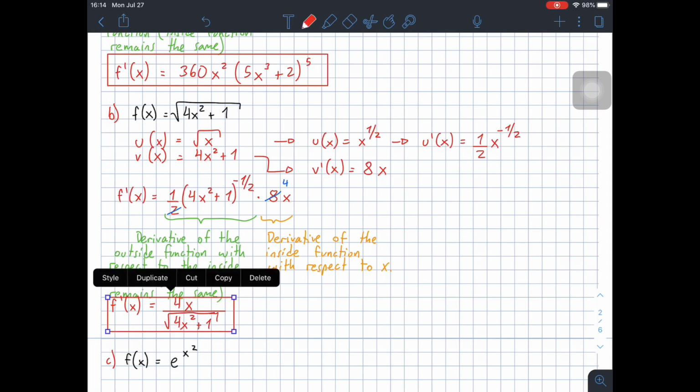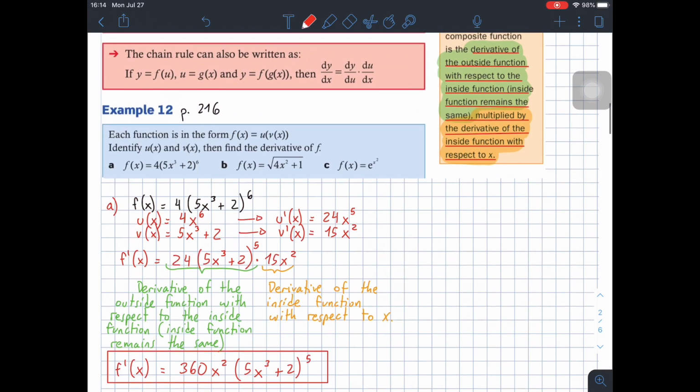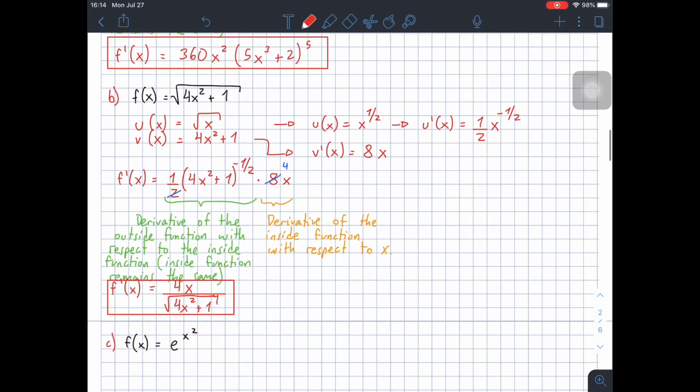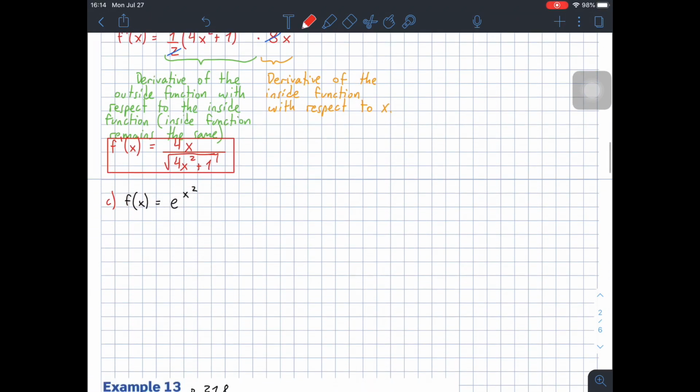Let's do another exercise. Part C says the following: f of x is equal to e to the power of x squared. Okay, so once again, here we can identify a function inside another function, right?